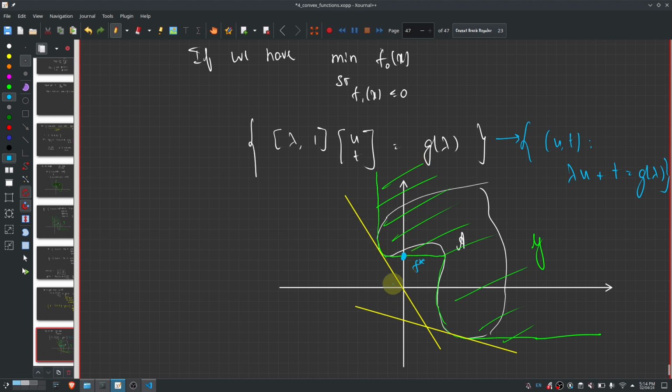Each g of lambda will correspond to one supporting hyperplane, and the Lagrange dual function is just the t-intercept of this particular supporting hyperplane.